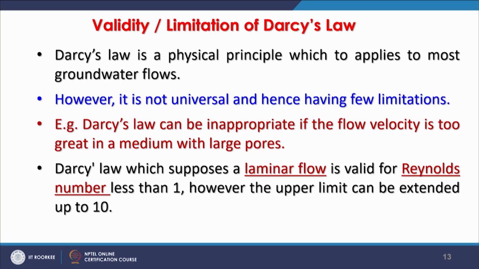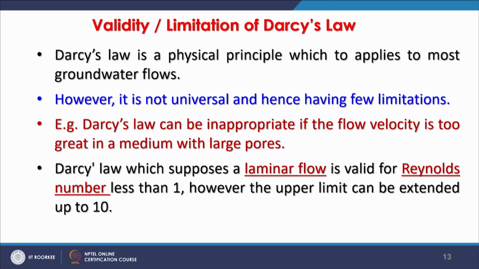Darcy law assumes that the flow is laminar, and we will discuss what is laminar and what is turbulent, and it is also valid when the Reynolds number, which we will also be discussing, is less than 1. We are talking about groundwater conditions, subsurface conditions, not overground conditions.